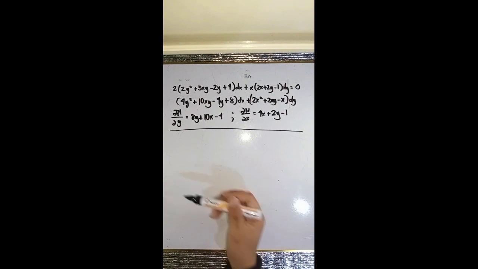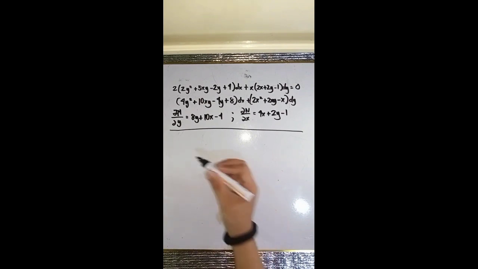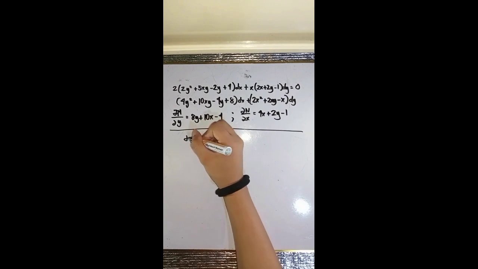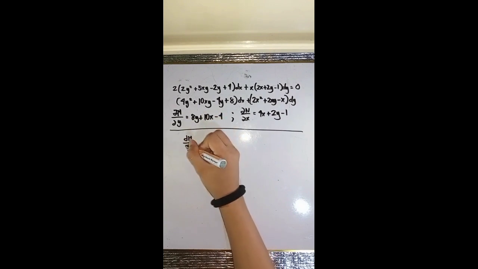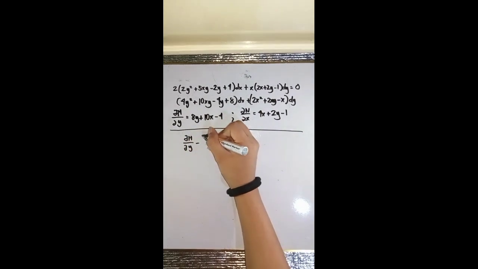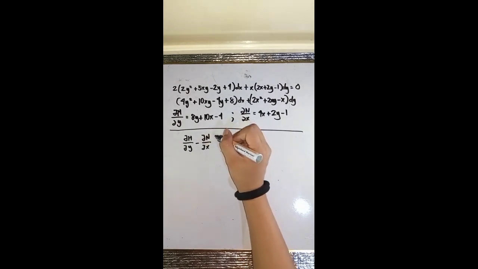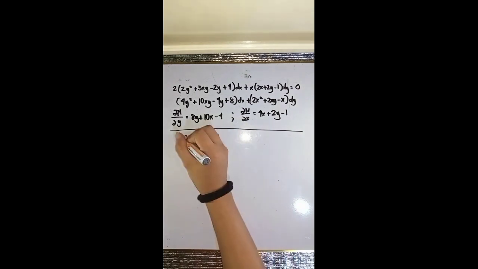Since they are not equal, we are going to subtract the partial derivative of N with respect to x from the partial derivative of M with respect to y.